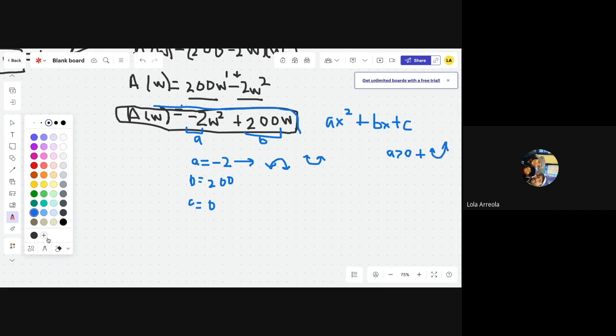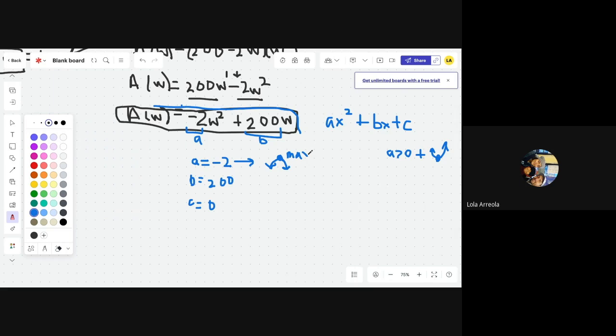But in this problem, my A is negative, so I have a u down. What does that mean? That means my vertex is up here for this guy, and my vertex when A is positive is down here. So because A is negative, my parabola points downward, so that means I have a max.